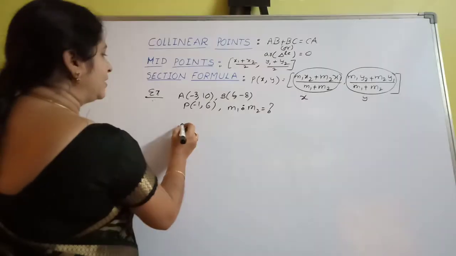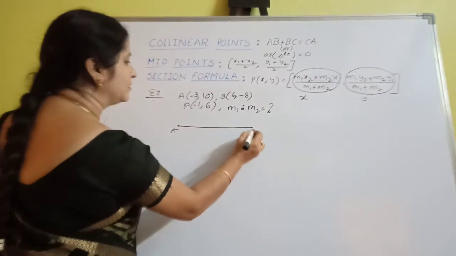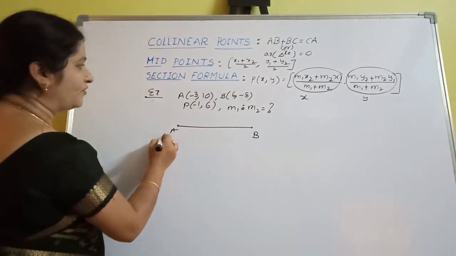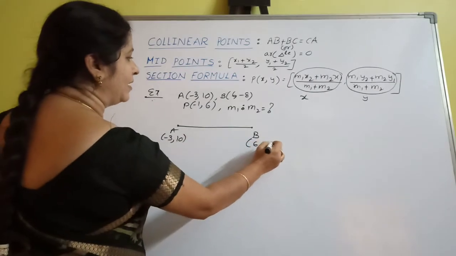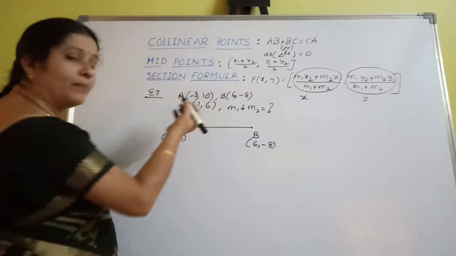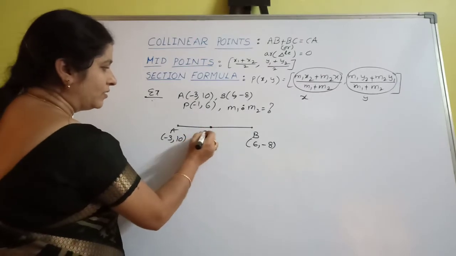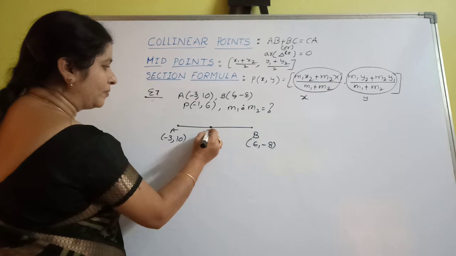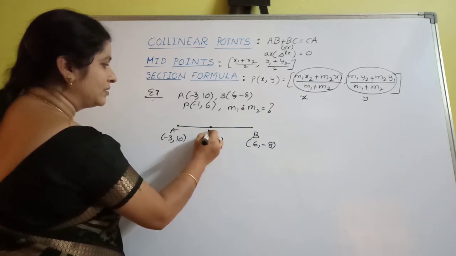The line joining the 2 points. First draw a line segment AB like this. What is the value of A? Coordinates -3, 10, and B 6, -8. So here P is also given. Suppose that the P lies on the AB here. P is -1, 6.